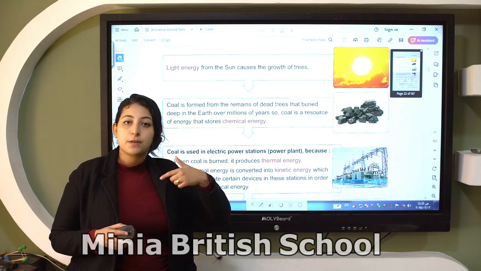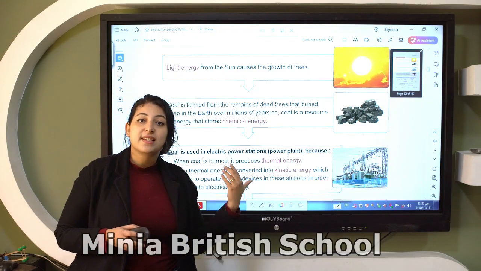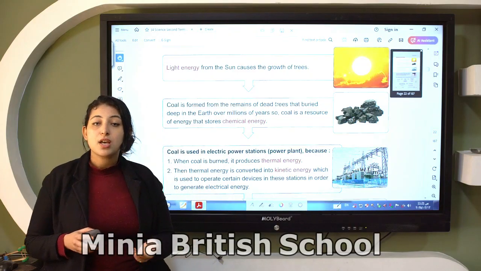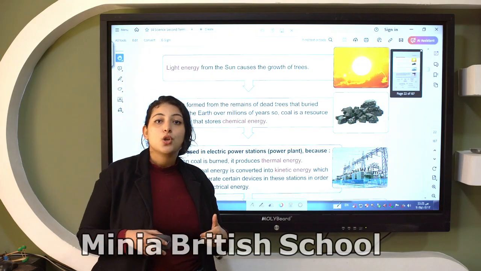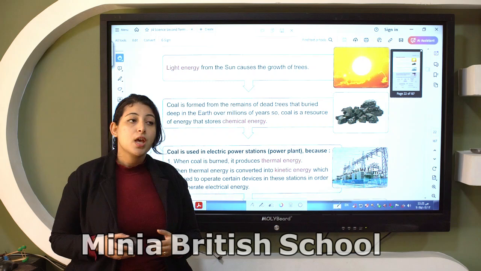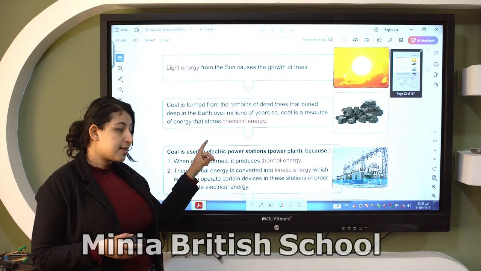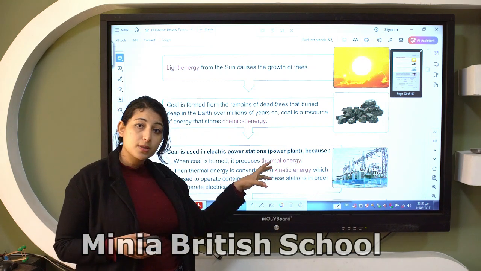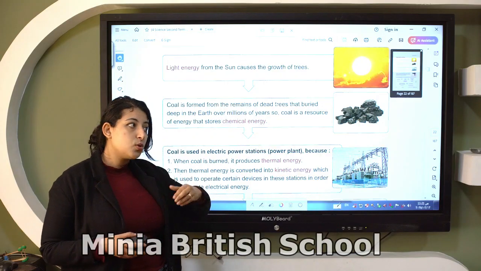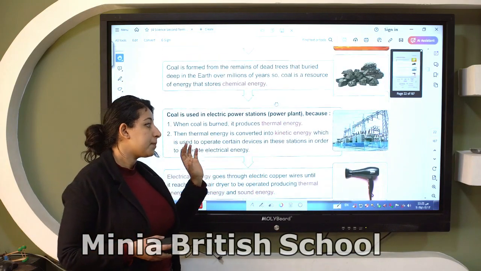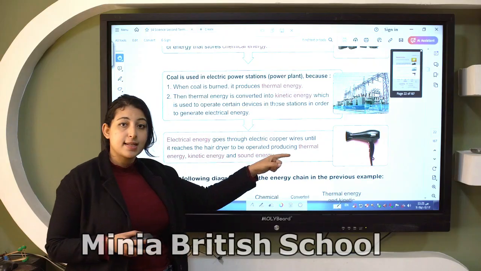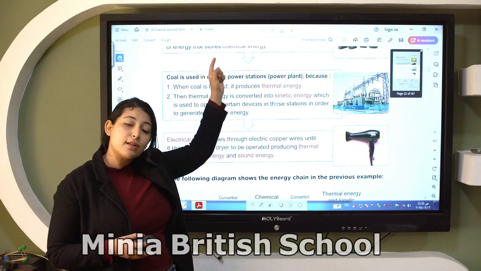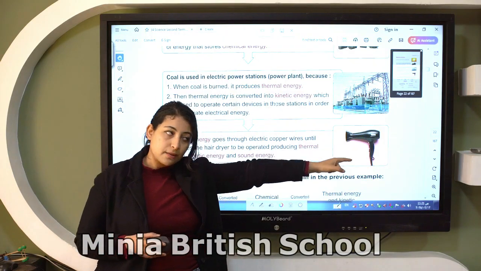By rotation of turbines, the generator changes kinetic energy into electric energy, so we can get electricity to all places. Okay, I will explain this energy chain of the electric power station in the next videos, inshallah, not today. But you have to know that we got electricity first also from the light energy of the sun.